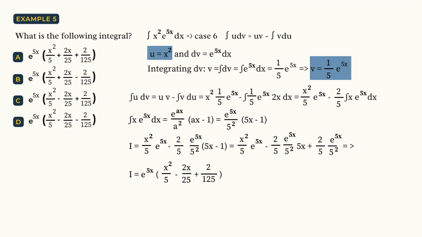We are left here with x squared over 5 minus 2x over 25. And this is because 5 and 5 reduce each other. So we are left with 25 plus 2 over 125. And looking at the answers, you'll notice the correct answer is C.